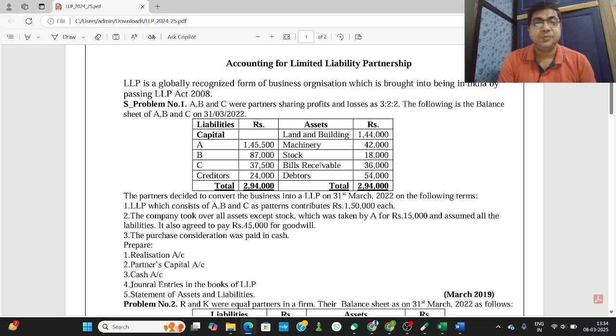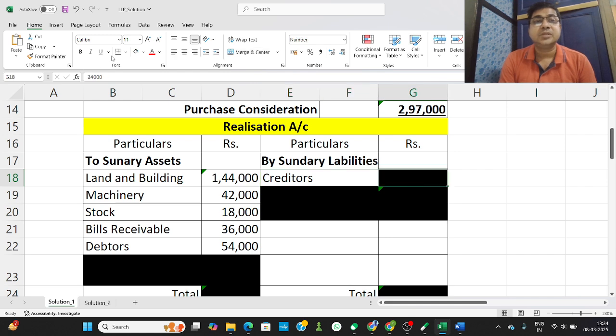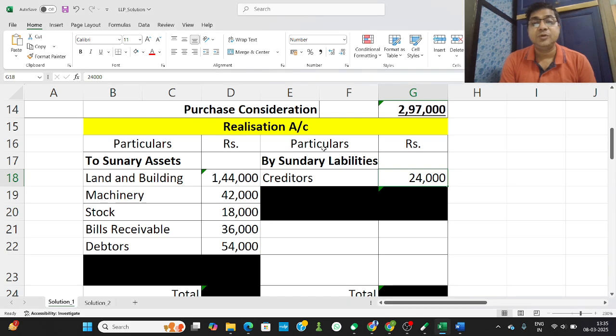All assets we recorded. After that, liability also we have to transfer to the realization account. Liability includes only one liability, creditors. Creditors also we recorded in our realization account credit side. It means in this particular balance sheet, asset items are recorded, liability also recorded. Capital balances A, B, C, these capital balances we will transfer to partners capital account.